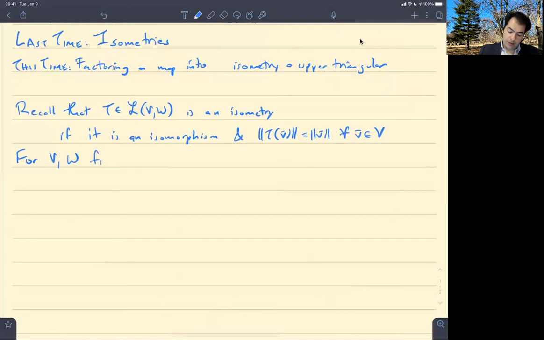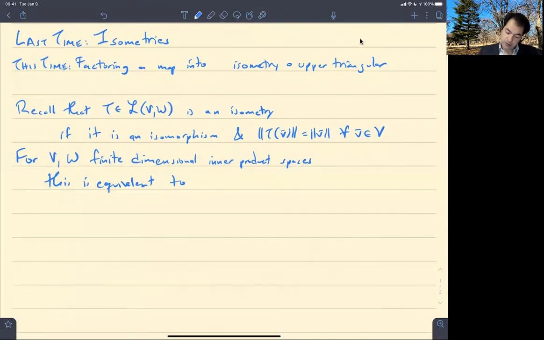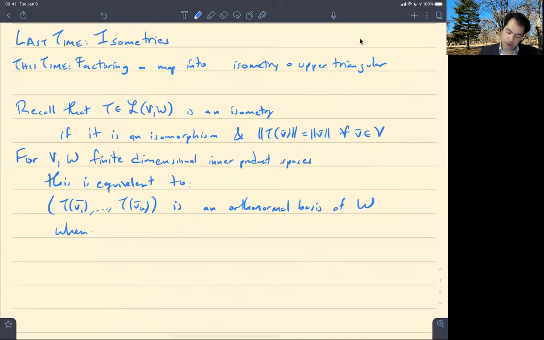For V and W finite dimensional inner product spaces, this is equivalent to knowing that the vectors T of V1 through T of Vn form an orthonormal basis of W whenever V1 through Vn is an orthonormal basis of V.